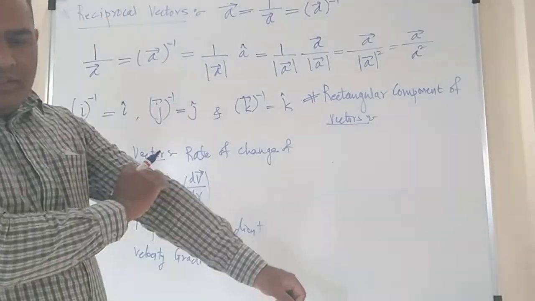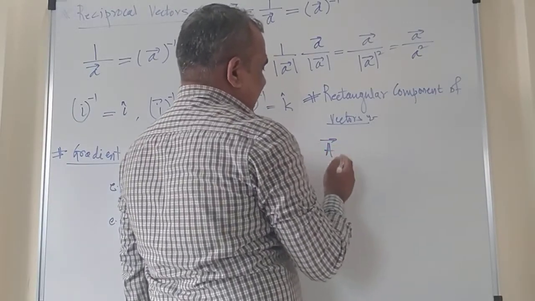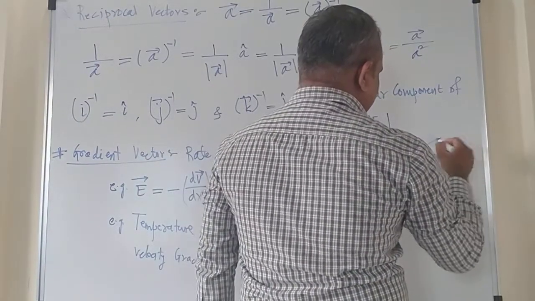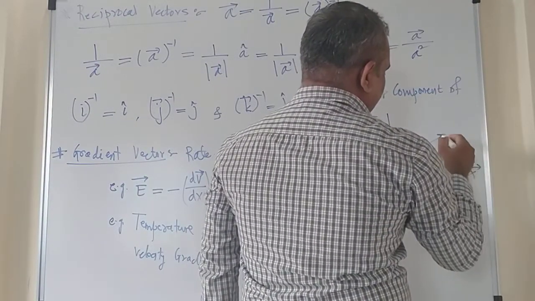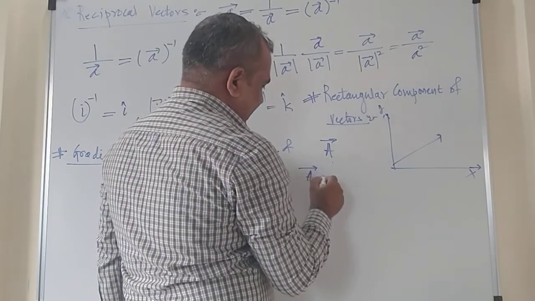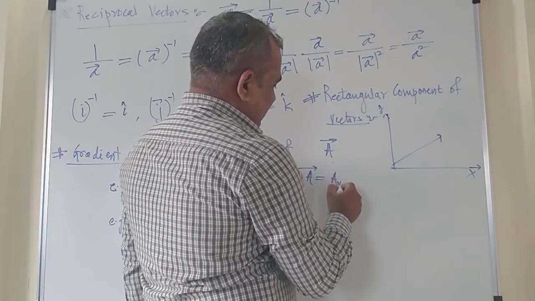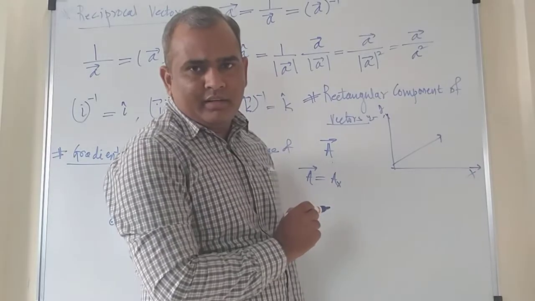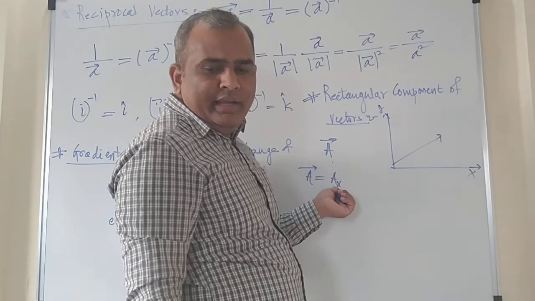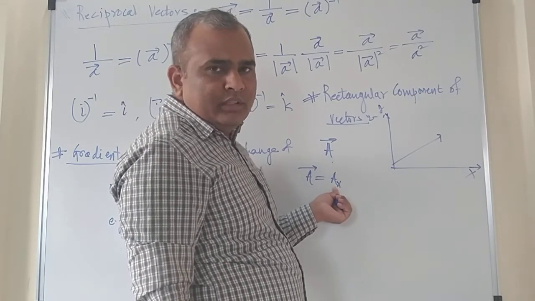So let us consider a vector a bar, represented in a plane of x and y. Then the vector a bar is represented in rectangular components as: the x component of the vector is ax into the direction along the x-axis.